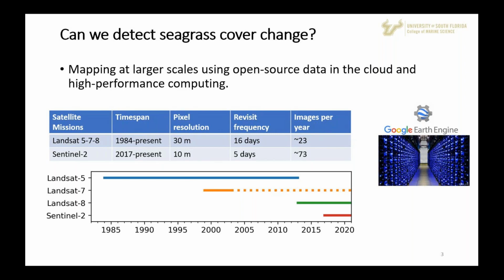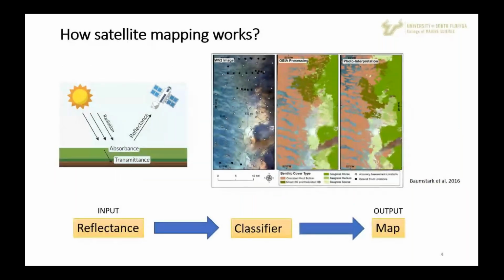Now, the Landsat 7, Landsat 8, and Sentinel-2 are active missions, but the images of Landsat 7 present gaps after 2003 due to a failure in the sensor. So some images are useful and others not much. So how can we use these images for detecting seagrass?